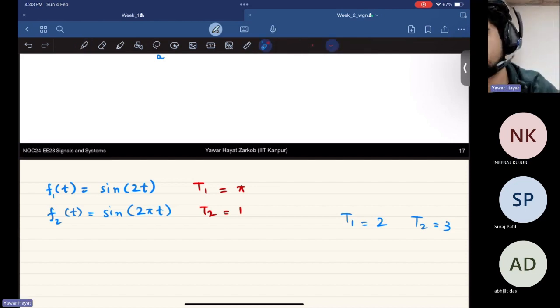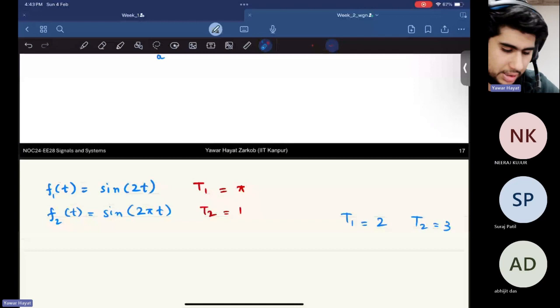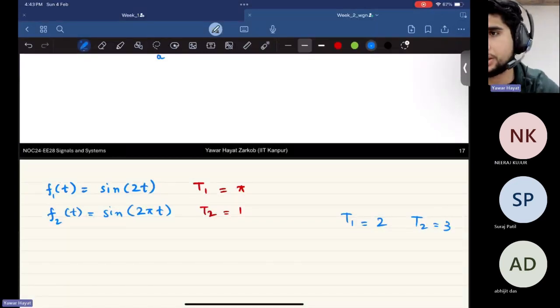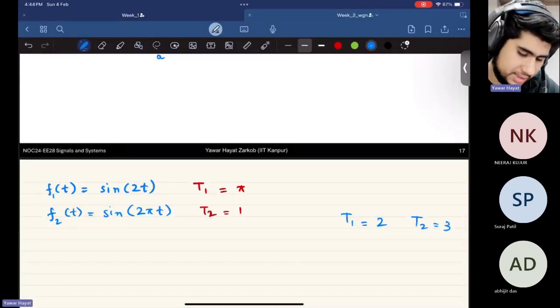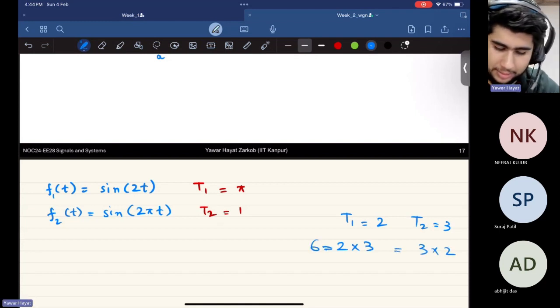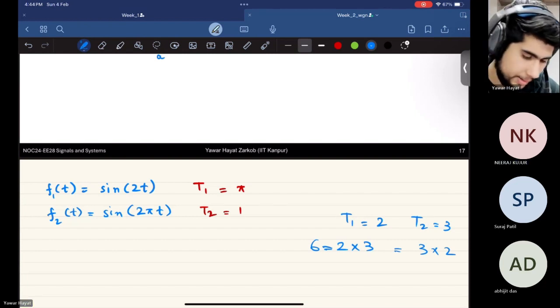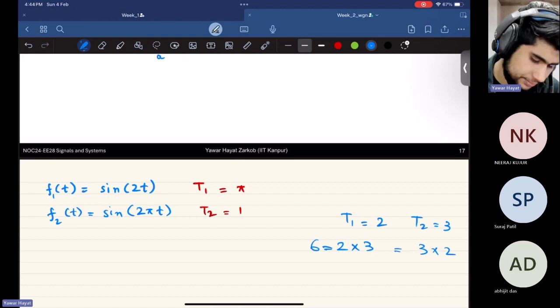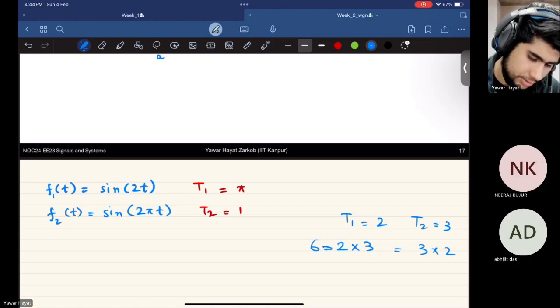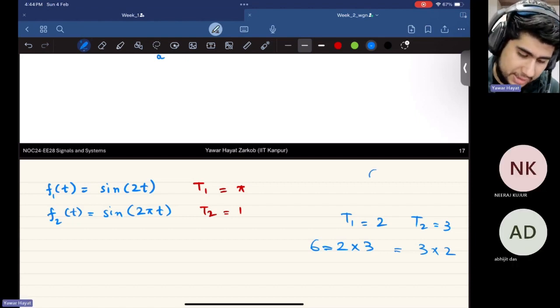It is straightforward, LCM. And what would the LCM be? LCM would be 6. LCM is nothing but finding the lowest common multiple, right? In this case, it would be 2 times 3, 3 times 2, that is 6. So LCM is 6.